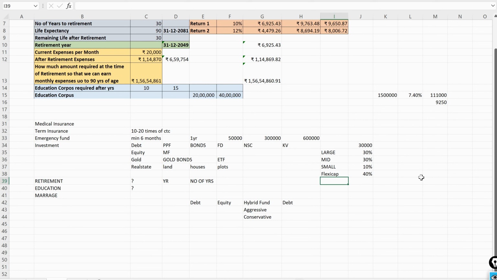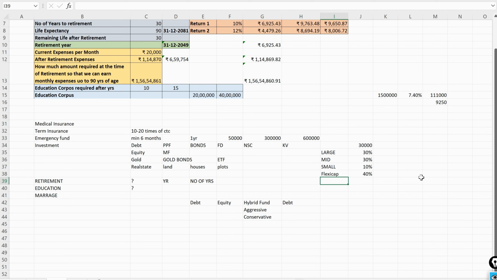I am not a SEBI registered advisor, that's why I am recording this only for education purposes, because so many people in India don't know about mutual funds and the schemes which are running now.